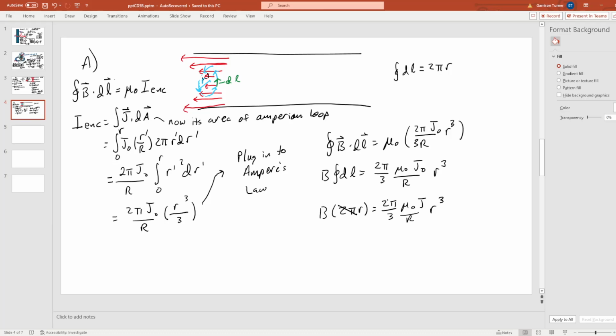And my 2 pi cancels with 2 pi, my r cancels with one of my r's here. And so at the end of the day, my field is quadratic. Okay? So what this is telling you is that your magnetic field inside the wire grows quadratically, all right? When you have a linear dependency on the distance from the wire for your current.